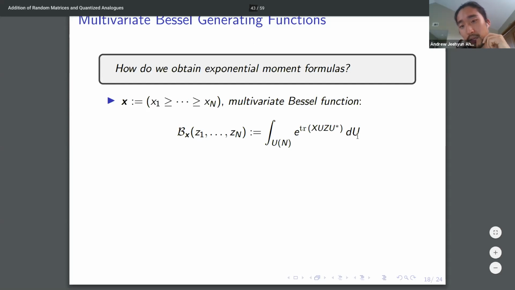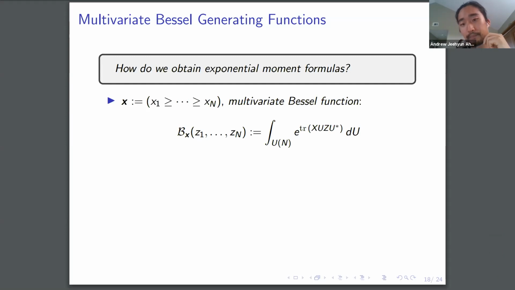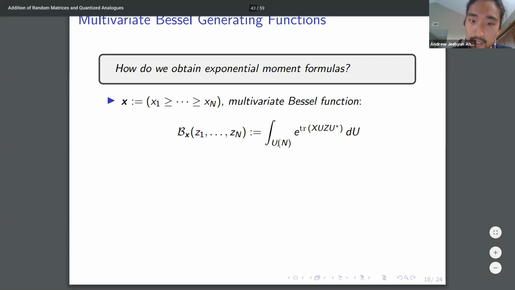Here, the measure which we're integrating with respect to is the Haar measure on U. And the integrand is just e to the trace of x U z U star, where x is a diagonal matrix with the x's as its entries, and z is a diagonal matrix with the z's as its entries.